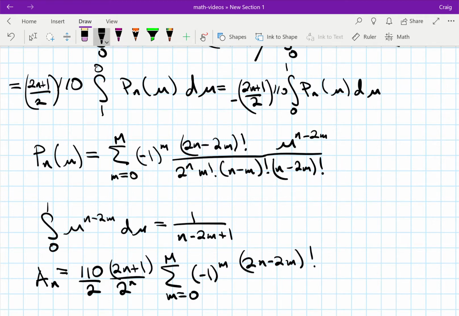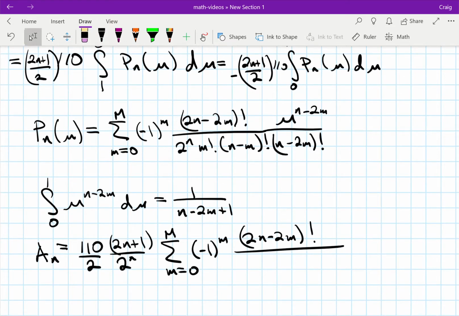And from the integral, I had an extra factor of n minus 2m plus 1. So at the end of the day, after doing the integral, the denominator becomes m factorial, n minus m factorial, and then this last factorial, because of this extra factor of n minus 2m plus 1, this times that just becomes the factorial of that. So this is n minus 2m plus 1 factorial. I just absorbed that other factor that came from doing the integration.